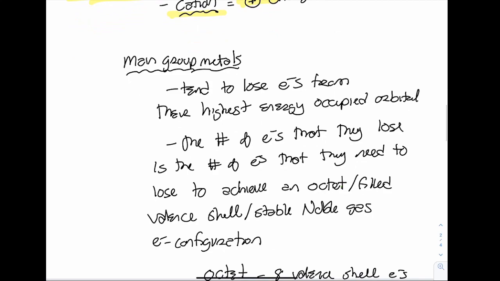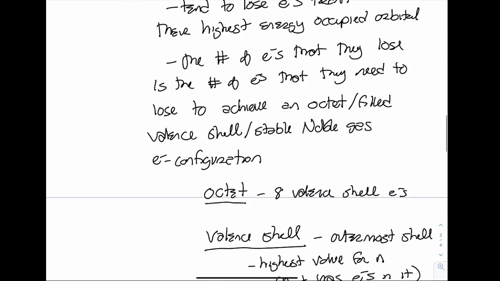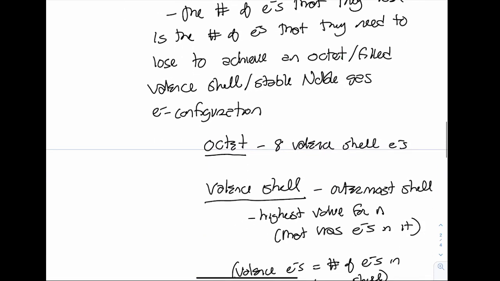How many electrons does an atom lose? Well, it's going to lose the number that it needs to lose to have a filled valence shell, to have an octet. There are some exceptions to that, however. You could say to have the same electron configuration as a noble gas. All of those things are going to make it more stable. So an octet was 8 valence electrons. Remember, if your outermost shell, if your valence shell is shell 1, you can't have 8 electrons, right?